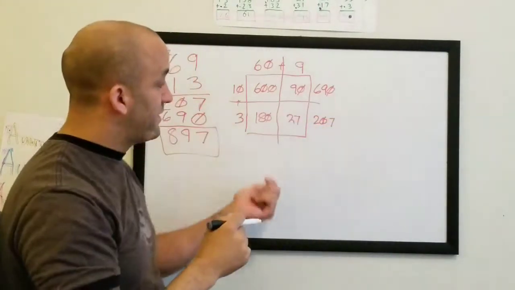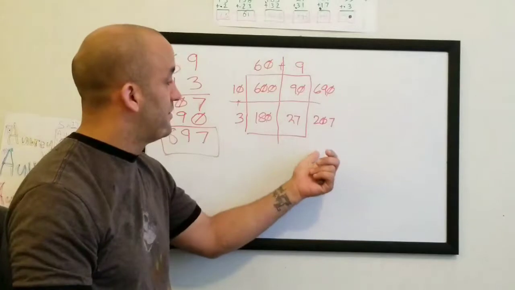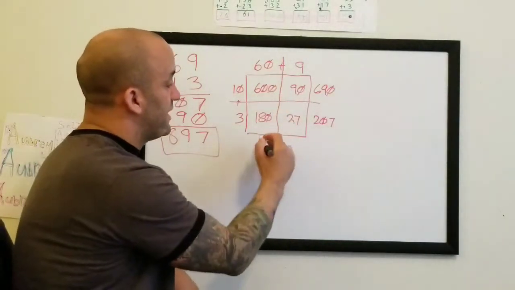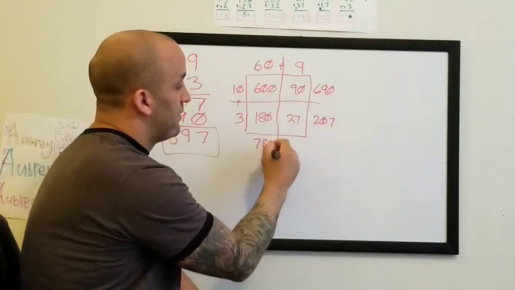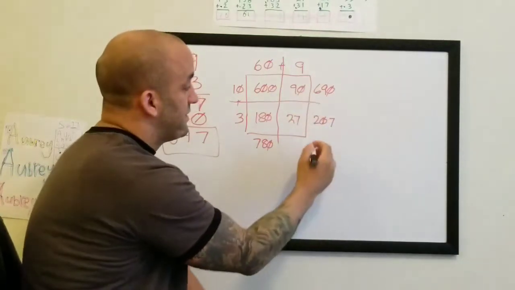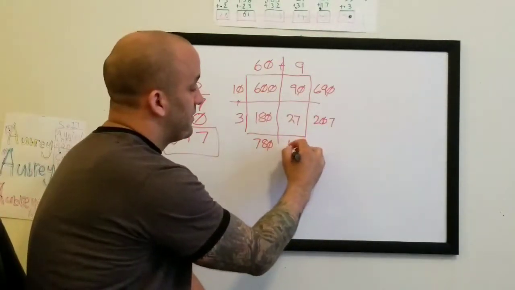We can do the same thing with the columns, because no matter what, it's going to add the same. 600 plus 180 is 780. 90 plus 27 is nothing more than 117.